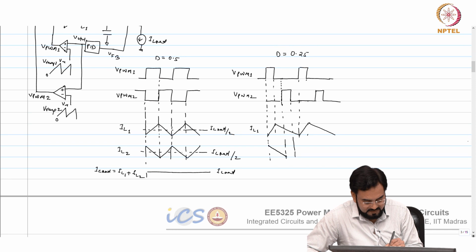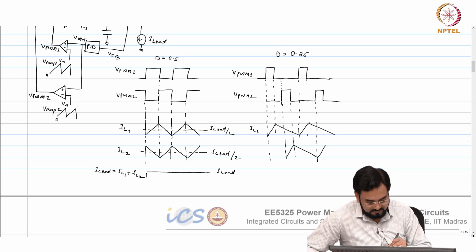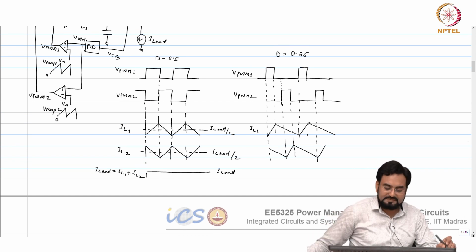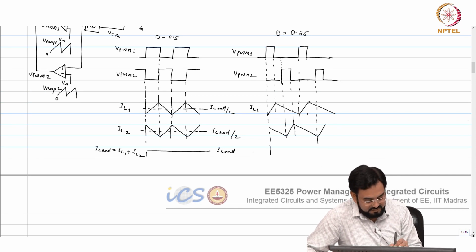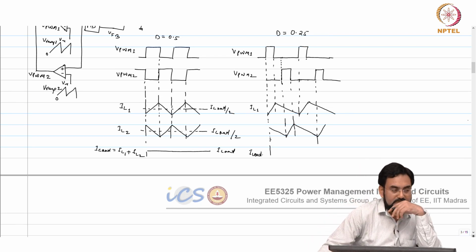So falling or not falling, rising and then falling here. Okay. So if I add the two, what will happen? What will happen?